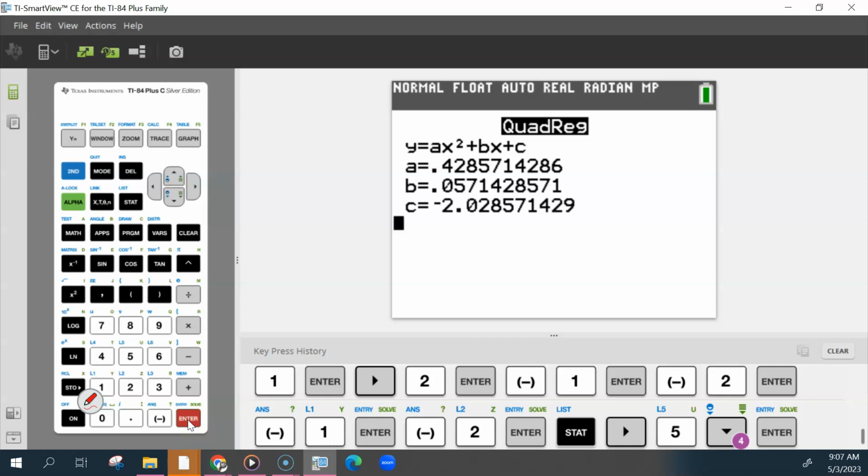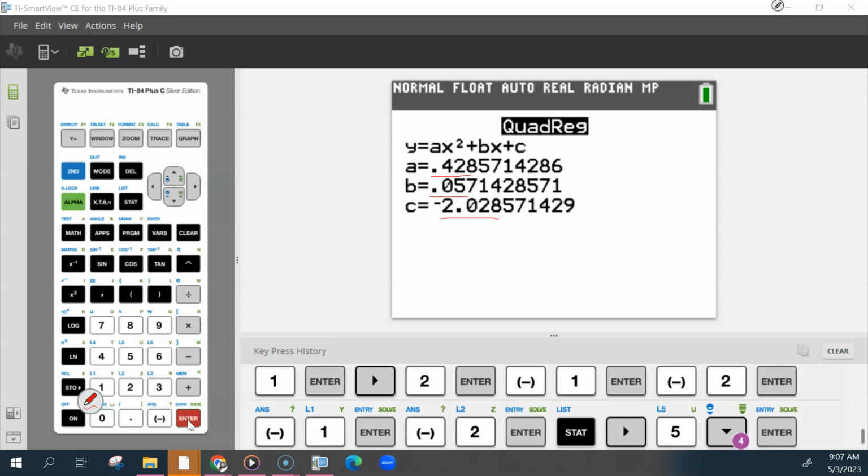Now, if you get a bunch of decimals, the problem should say what to round to. You could write all of them for me, but it should say what to round to as well. So let's say we just want to round to 2 decimal places.